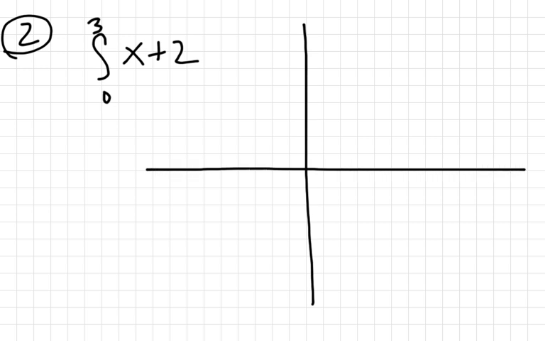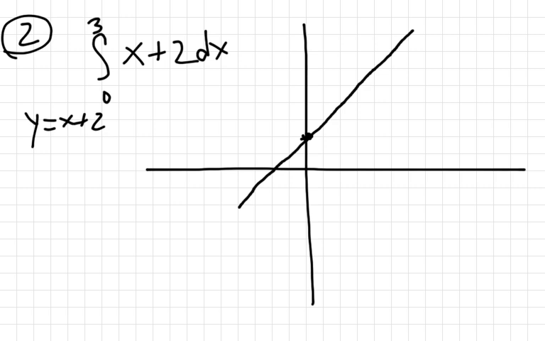Y equals x plus 2 has a y-intercept of 2 and a slope of 1. So that's going to go like this. And I'm finding the area from 0 to 3, which would look like this.